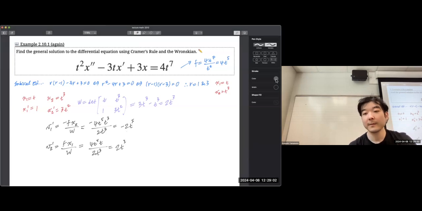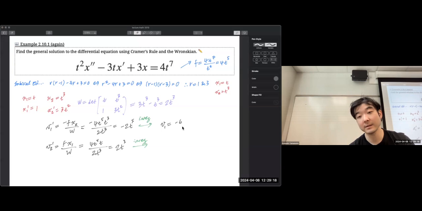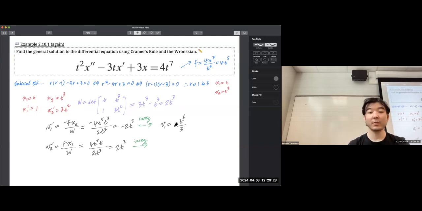And you just integrate. You'll end up getting that v1 is equal to negative t to the 6 over 3, plus C1.